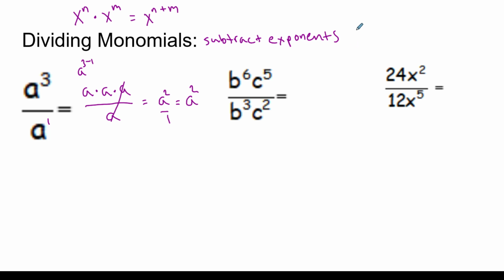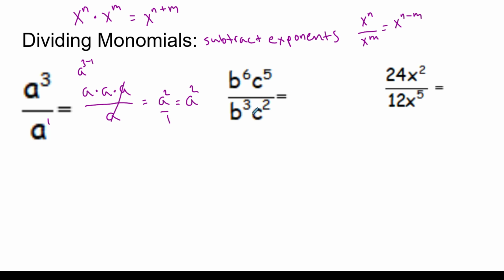Okay, I'm going to subtract the exponents. So kind of rule of thumb here, if I'm dividing two monomials, I'm going to subtract any exponents. Okay, that's one way to do it. And we'll simplify any coefficients we have too.